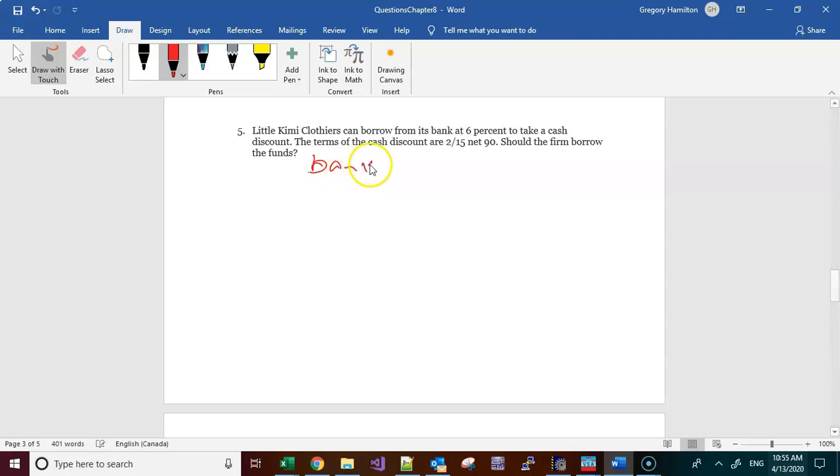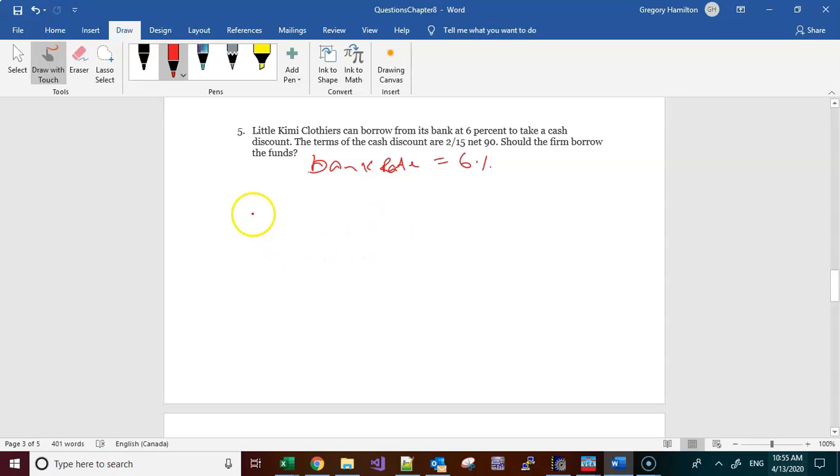Bank rate is 6%. So when we calculate, if the cost of not taking the discount is higher than 6%, then he should borrow from the bank and take the discount. However, if the cost of not taking the discount is lower than 6%, then he should not take the discount.